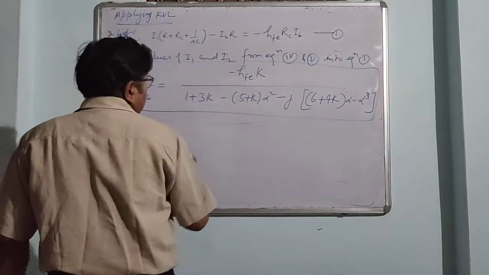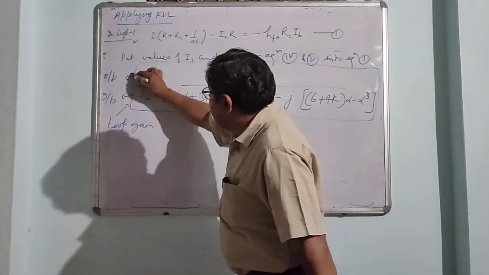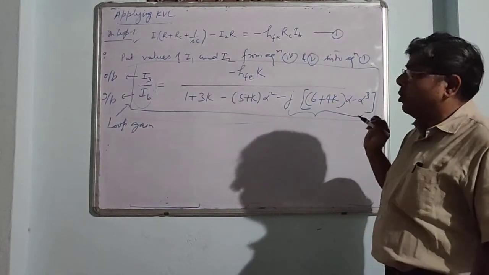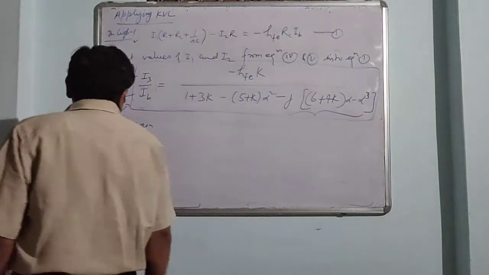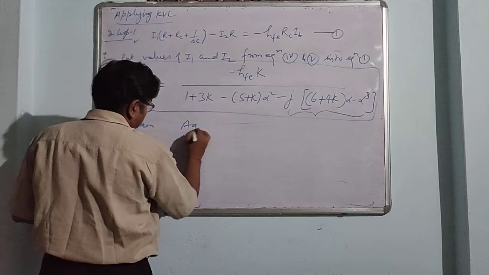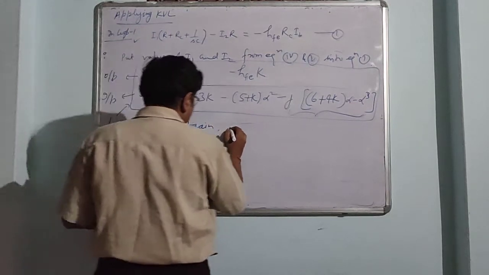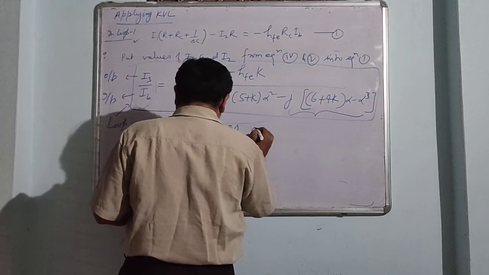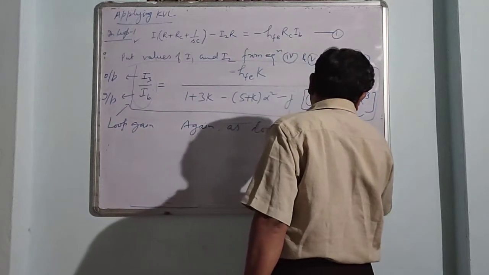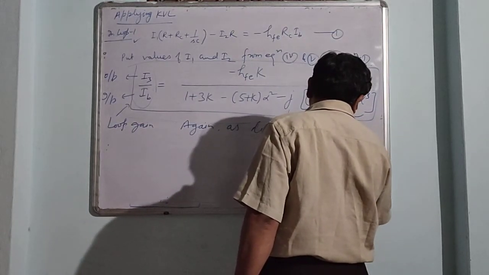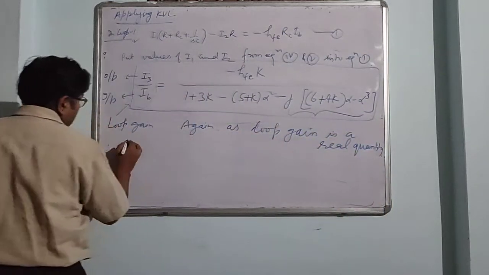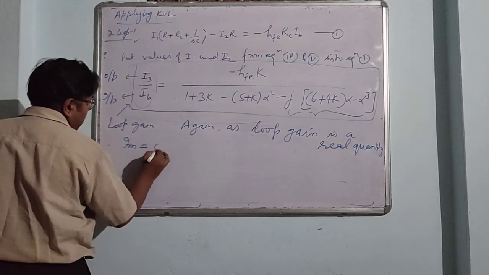And for this quantity to be real, obviously the imaginary part of this must be 0. So you can write here again, as the loop gain is a real quantity, the imaginary part must be 0.